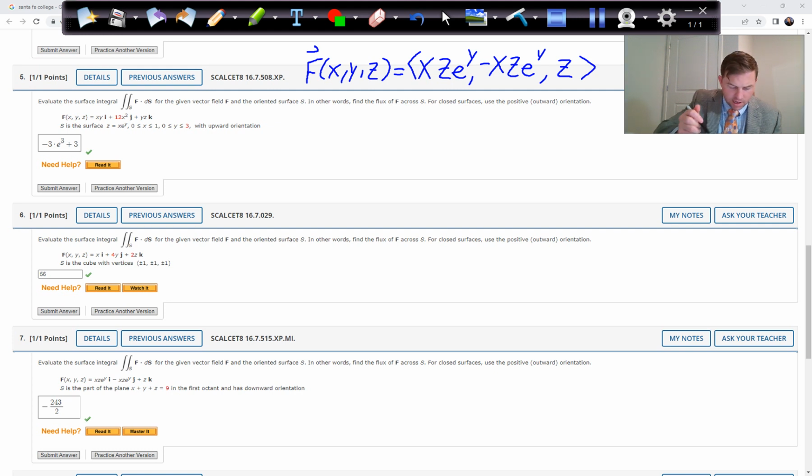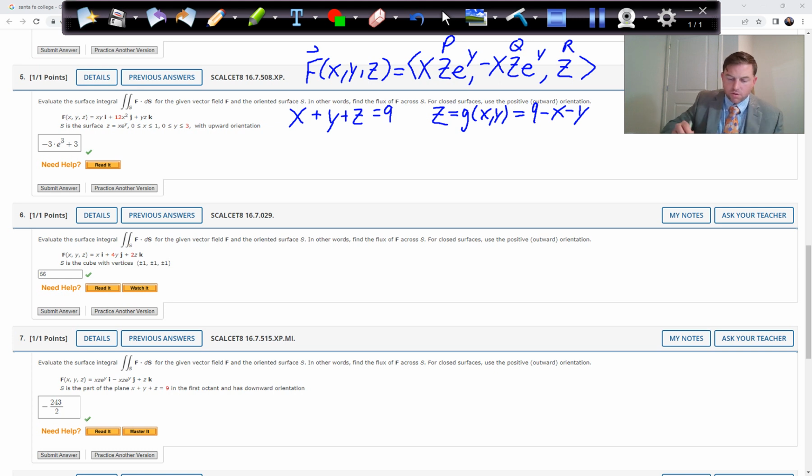And we have S is the plane x plus y plus z equal 9. So we're immediately going to solve that for z and call it the function g. That would just be 9 minus x minus y. And we're going to call this term p, this term q, and this term r.